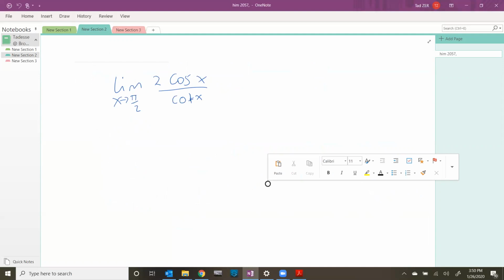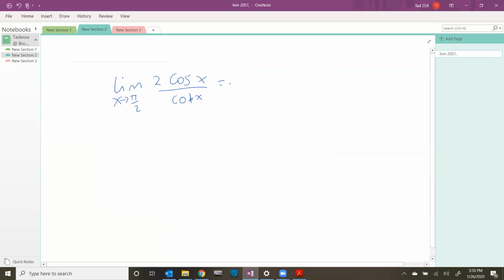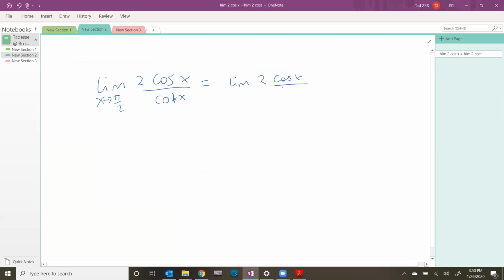Again, the first step should always be simplifying. So this is the limit of 2 times cos x divided by cotangent, and cotangent is cos x divided by sin x. That's what cotangent means, the reciprocal of tan, as x approaches pi over 2.